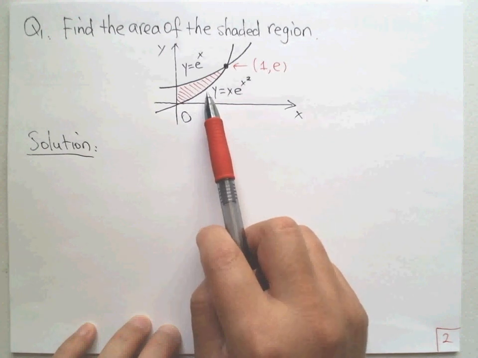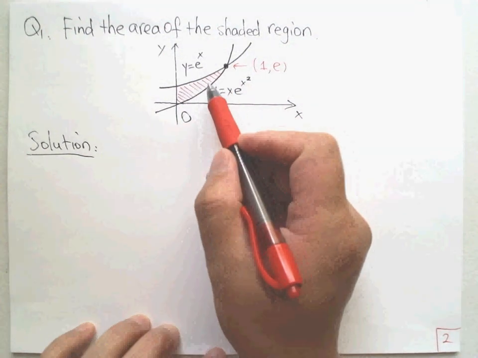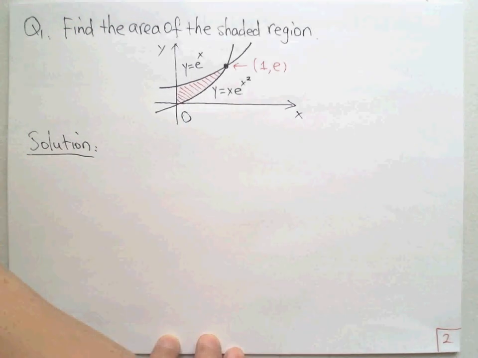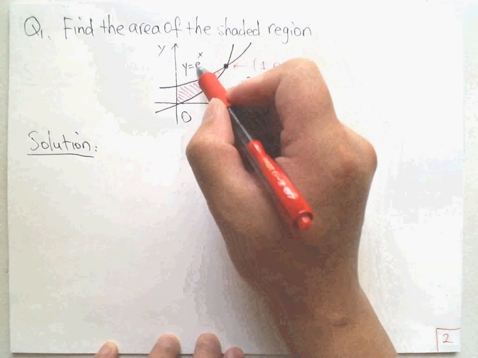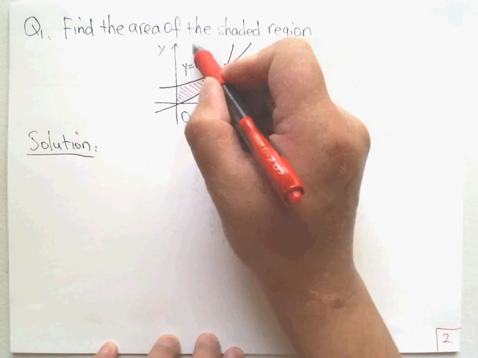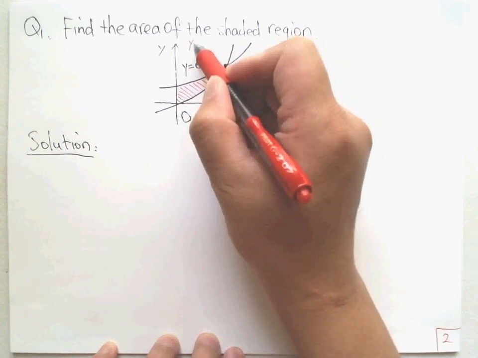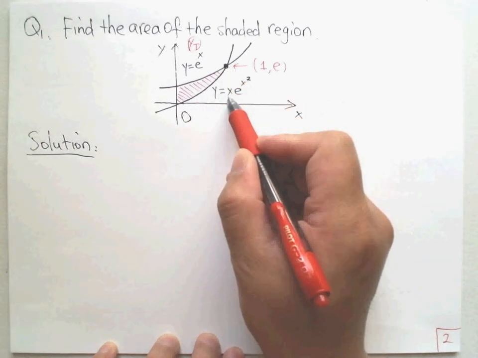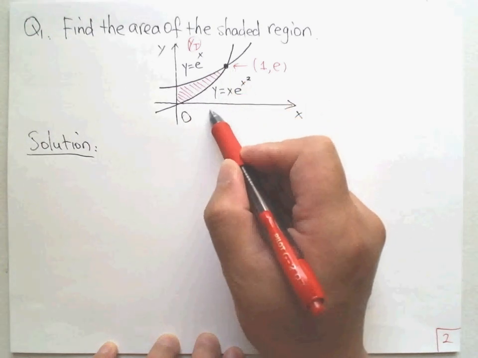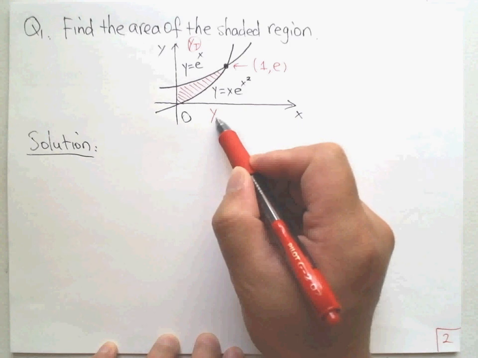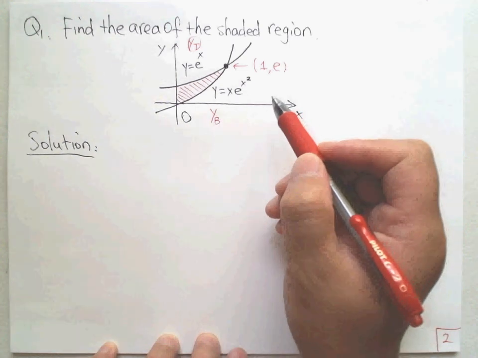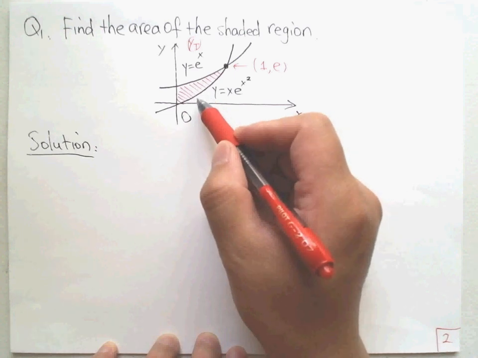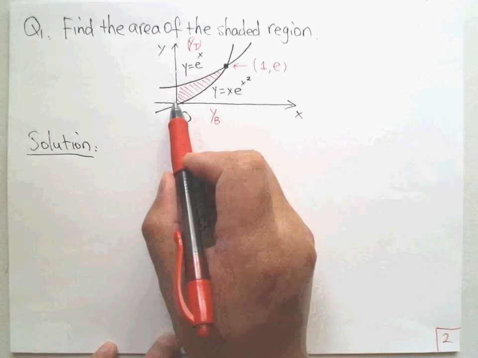We can see the region very clearly. I label the top y_t and the bottom y_b, because later we need to use the top minus the bottom, and then integrate from x equals a to b.